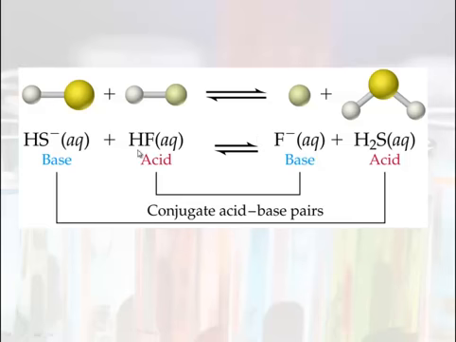It has lost this hydrogen. The conjugate acid is H2S. It has an extra hydrogen compared to its original base. So again, the difference between the base and the conjugate acid is the addition of one hydrogen, and the difference between the acid and the conjugate base is the loss of one hydrogen ion.